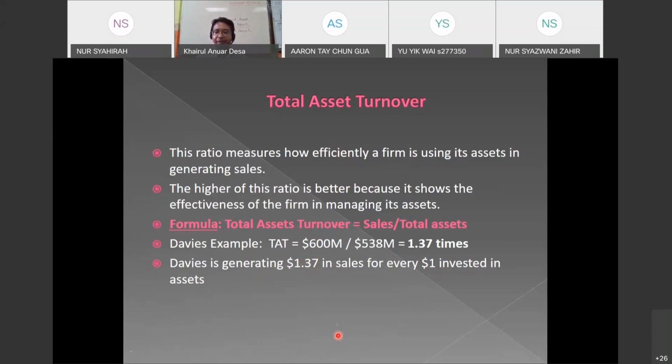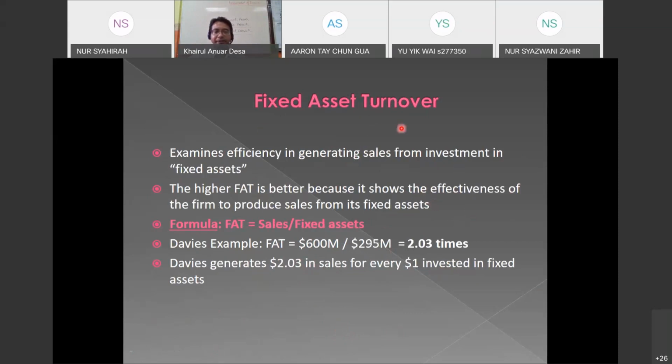Okay. You see here in the fixed asset turnover investment, every single dollar we invest in the fixed asset, the company can generate 2.03. Okay, and the result here is 2.03 in the fixed asset turnover.